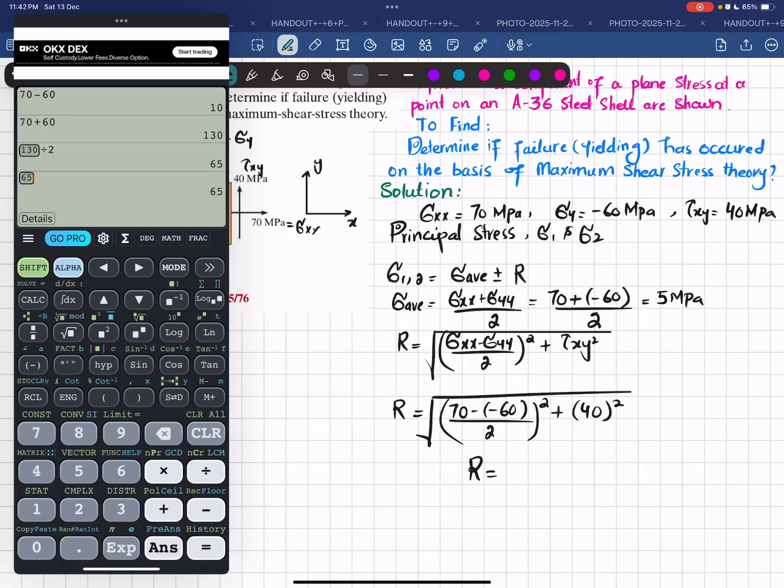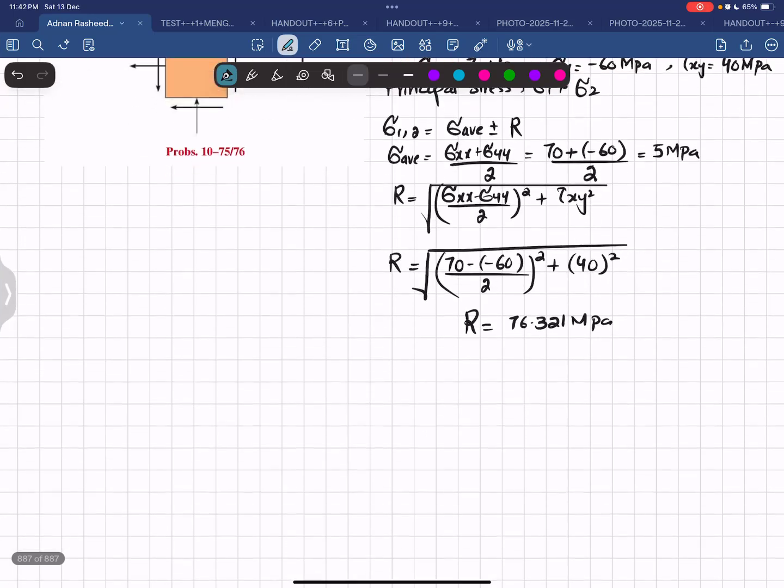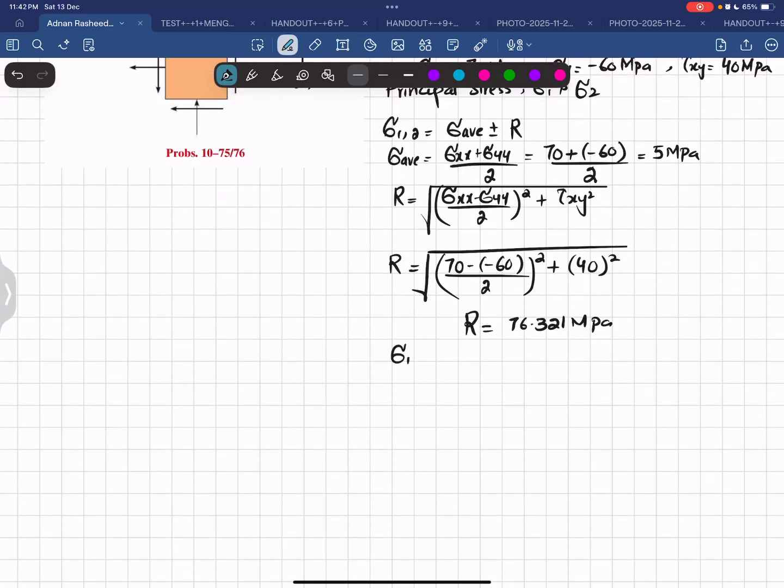Then 65 squared plus 40 squared under the root gives 76.321 megapascal.